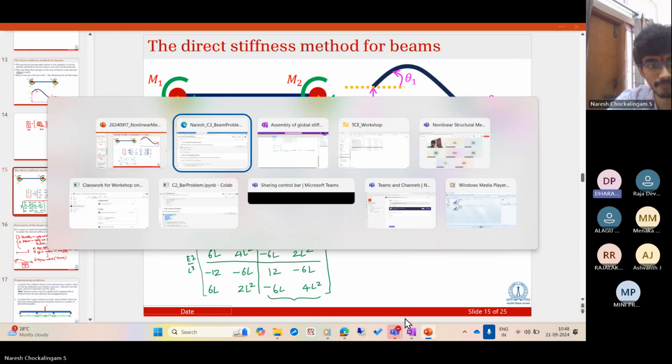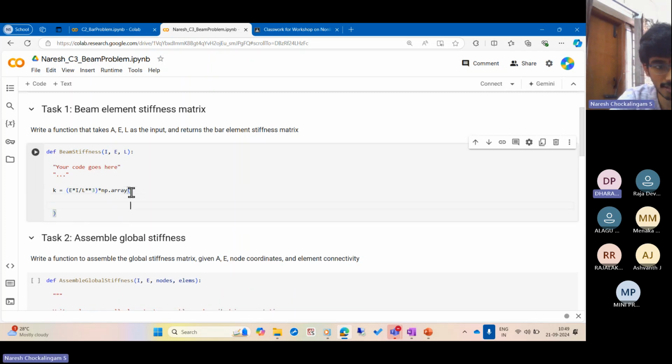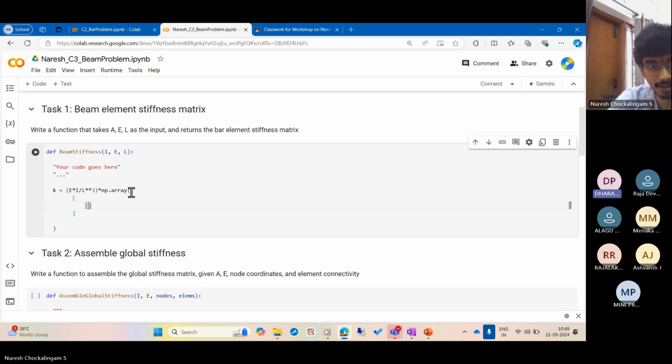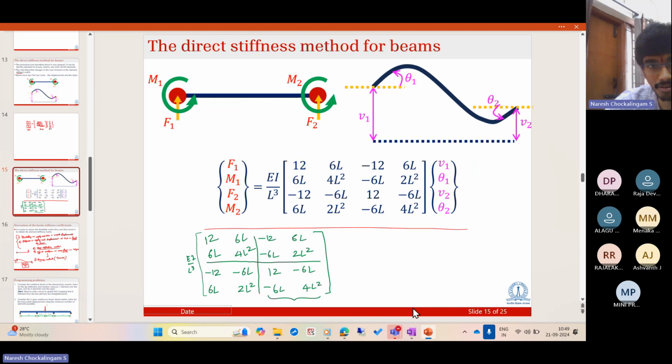So how do I define a matrix in Python? np.array. Okay, now let's start filling in the matrix. So you can read out the entries. So first row is, oh, you don't have the 12. I didn't share this part, right?